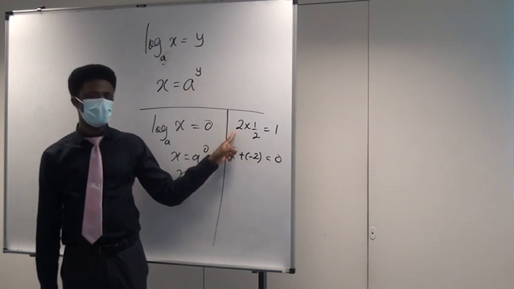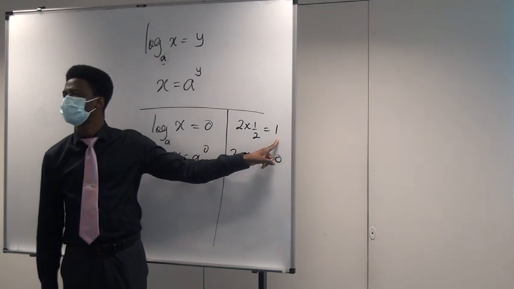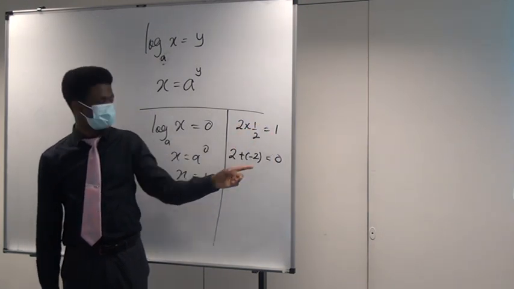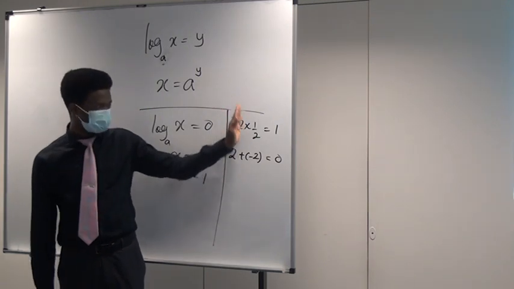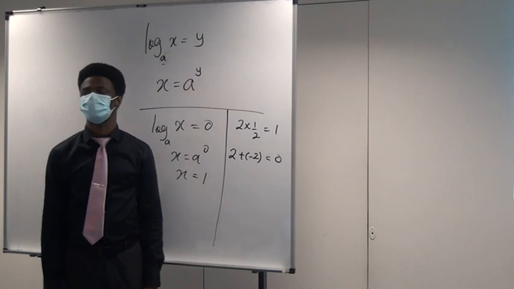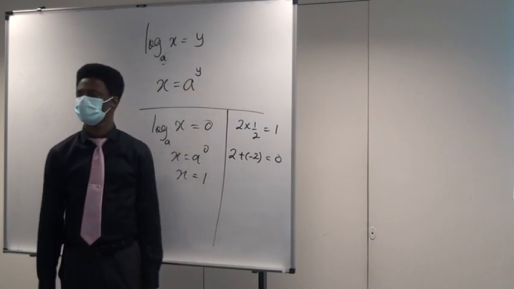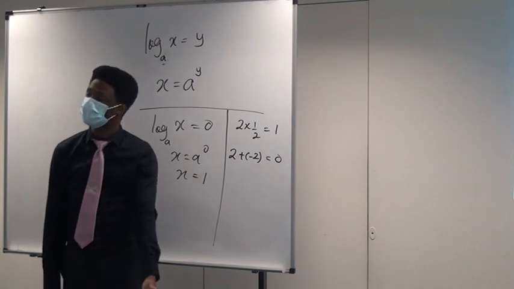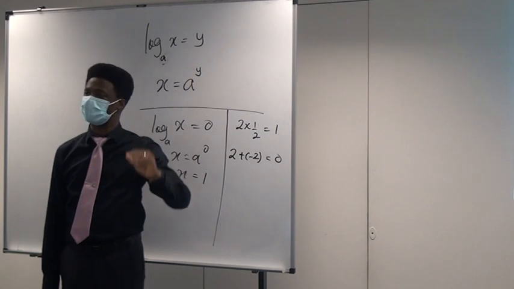Because an element operated with its inverse gives what? In general, we've talked about that: the identity. F composed with F inverse gives x, which is the identity function.